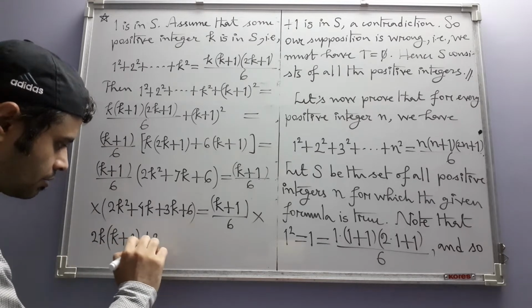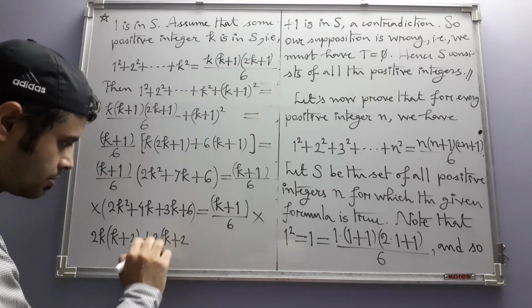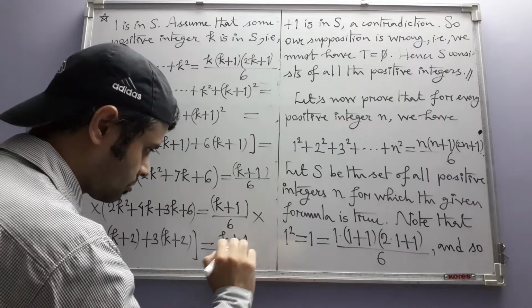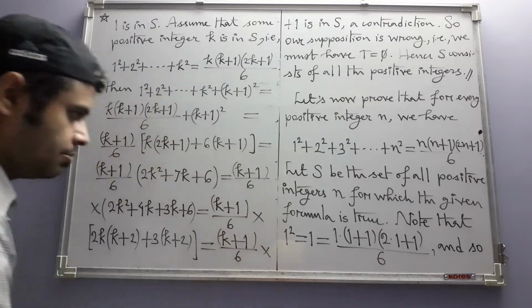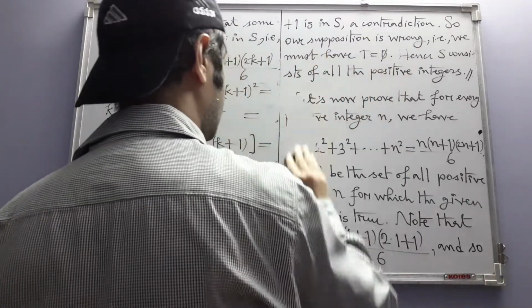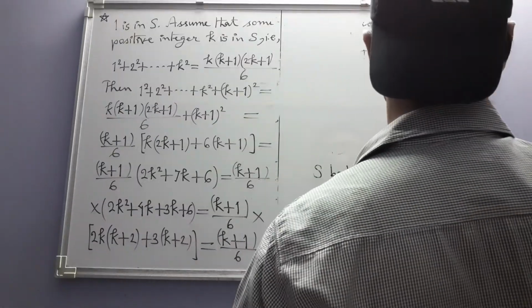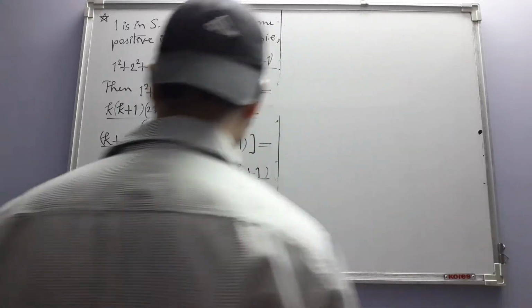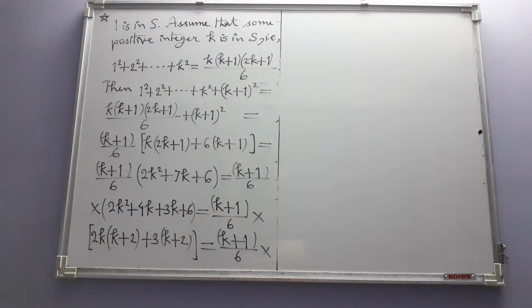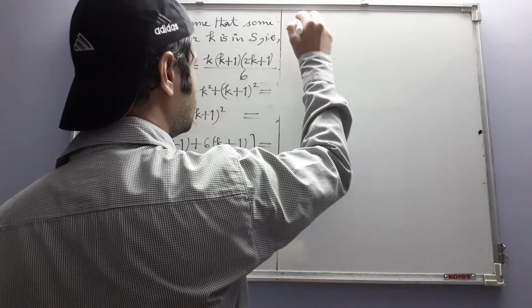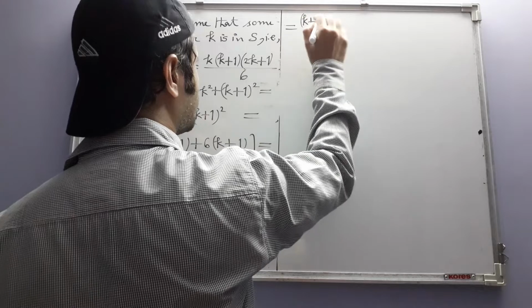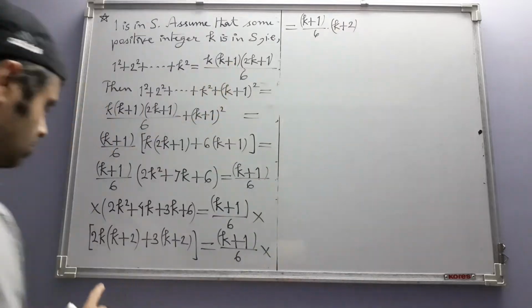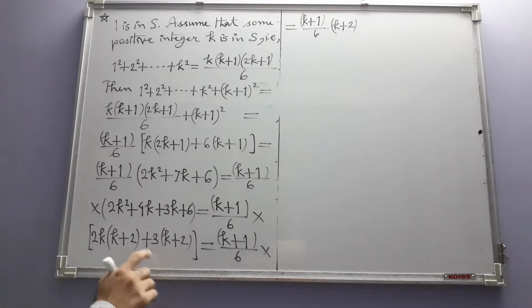We take 3 common out from the last two terms, we will have k plus 2 times, now we can take k plus 2 common out. So this will be equal to k plus 1 divided by 6 times k plus 2, and we will be left with 2k plus 3.